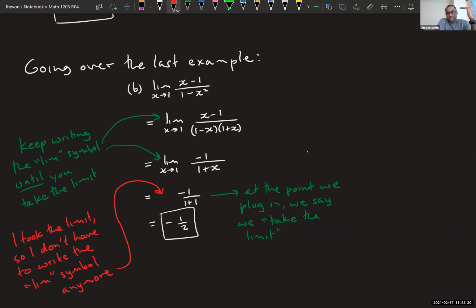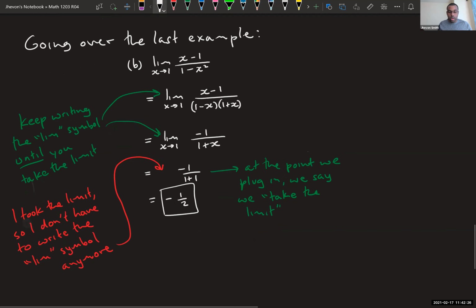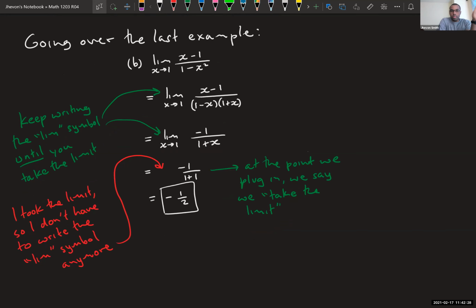But until we get to that point, you have to keep writing the limit symbol, right? So it's actually very important that you do that. It probably won't be a lot, but I will deduct points if you don't write it out like that, like maybe I'll take off 1 point or something. So that's something that you should be aware of.